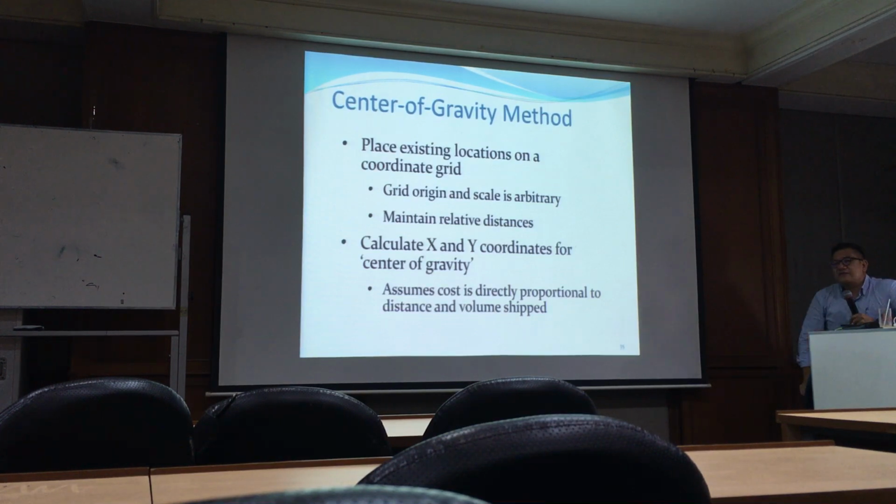But normally I prefer to have positive coordinates. So we might use the origin at the bottom left of the map, and then you estimate the horizontal x and vertical y coordinates for each destination, and then you use the cost and number of units that you are going to ship to calculate based on those coordinates.